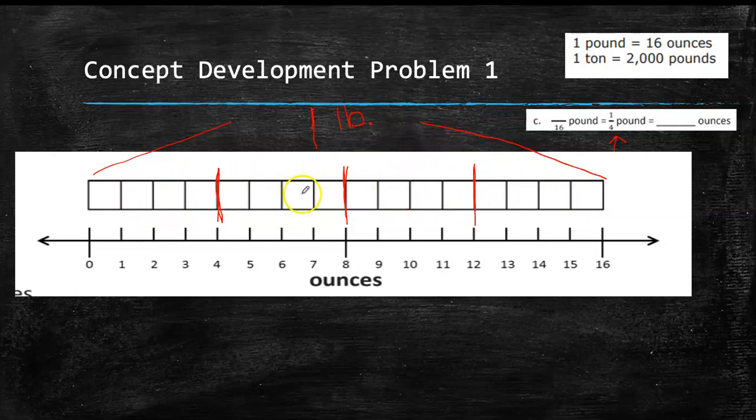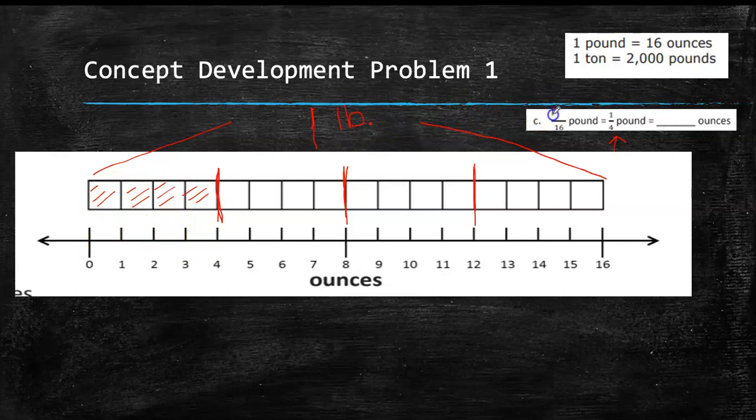If I want only 1/4 of this, so I'm only talking about this section here, if I kept it in the sixteenths, what equivalent fraction can I also name this 1/4 pound?